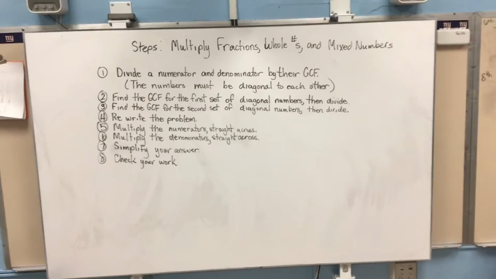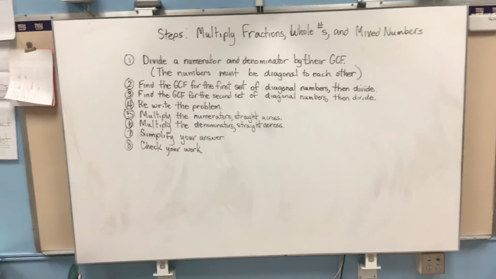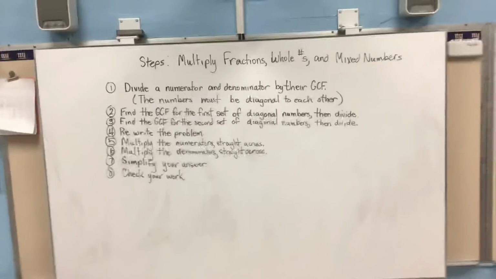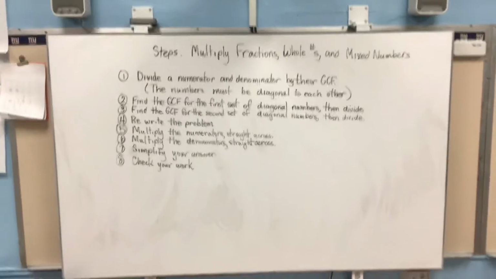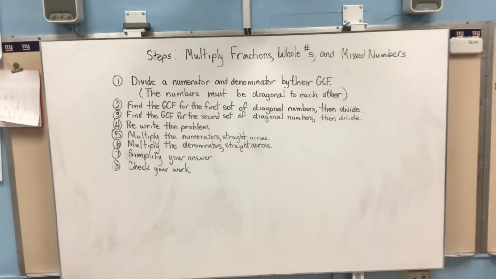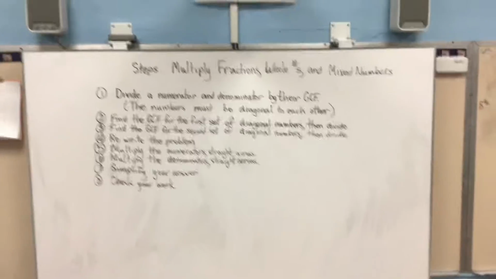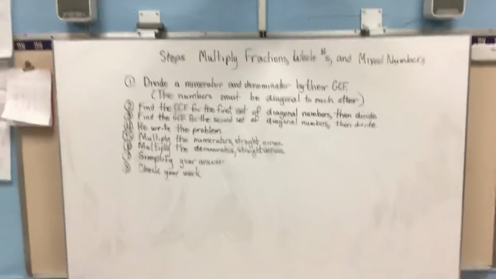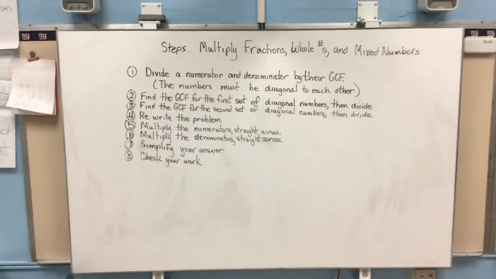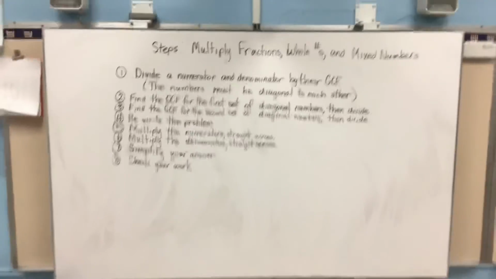So if I have another set of numbers, I'm going to find the greatest common factor for that and divide by that. Please be aware, you can have a situation where the greatest common factor is 1. If the greatest common factor is 1, then you don't change anything. Why do extra work when you don't have to?